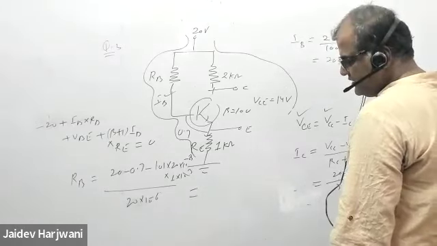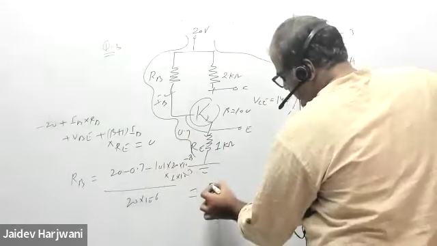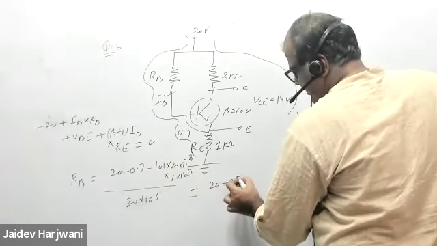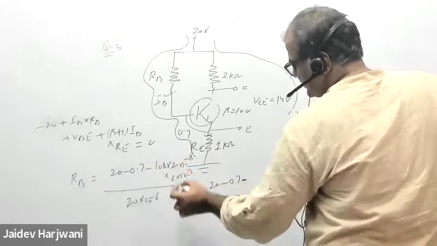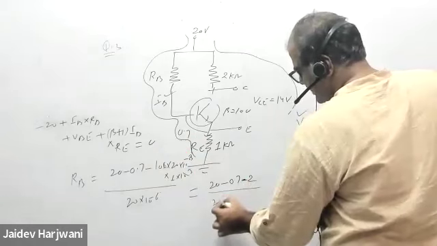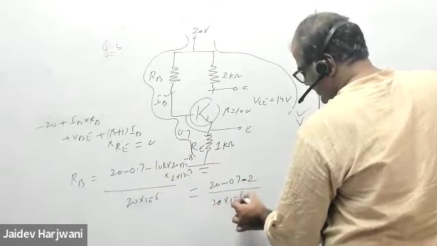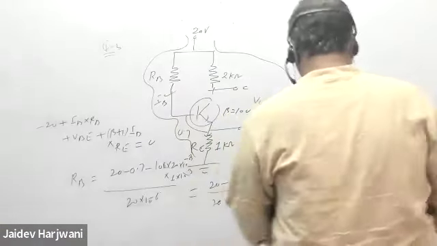How much after solving this one? So I can say this is 20 minus 0.7. I'm talking about approximate value, and this is if I say 100. Okay, this is 2000. This will become 2 divided by 20 microampere.